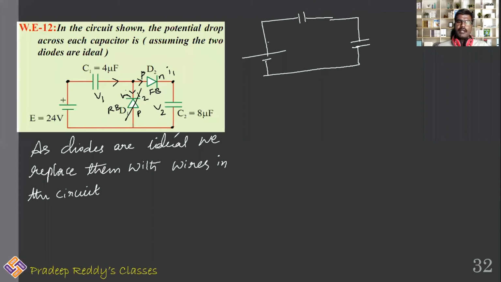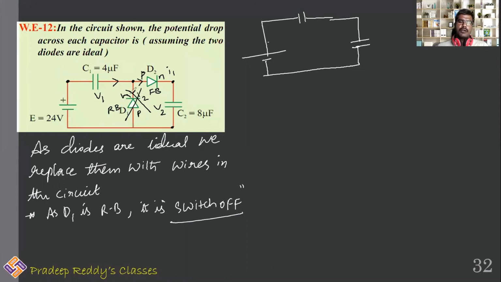So as the diode D1 is in reverse bias, diode does not conduct in reverse bias. So as D1 is in reverse bias, it is switched off. It acts as a switched off circuit.